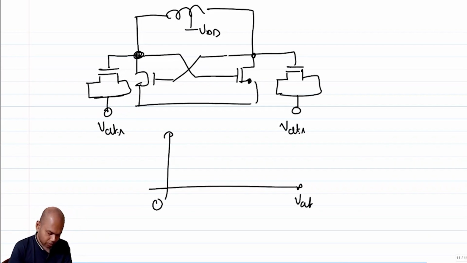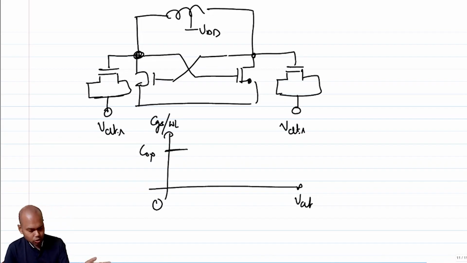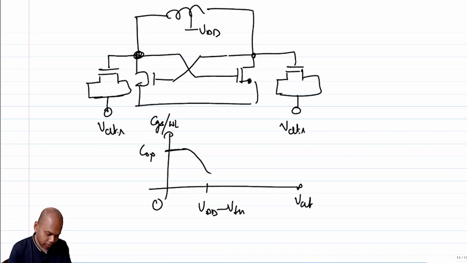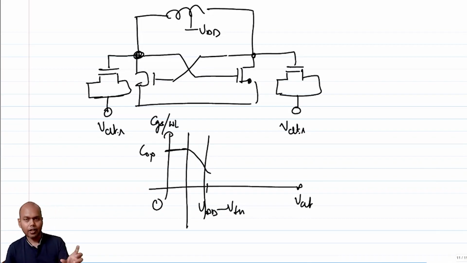VCTL is 0, which means VGS is high, which means your CGS per WL will be Cox. And as you go closer and closer to threshold, if I go closer and closer to VDD minus V threshold, which means your CGS is going towards threshold, your Cox is going to reduce. Correct? So in this region, you have an analog way of controlling the capacitance, right?